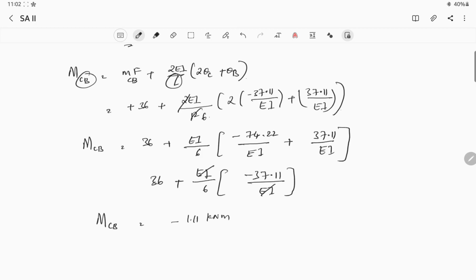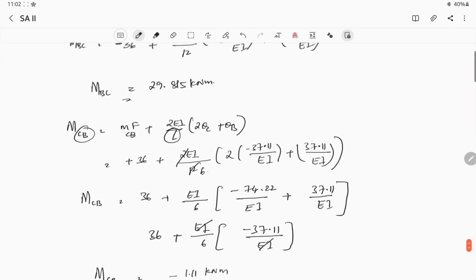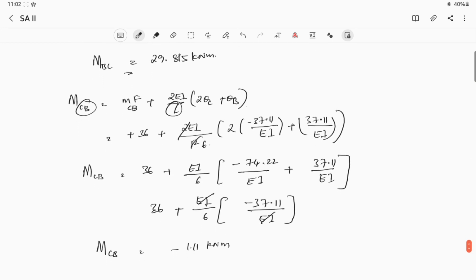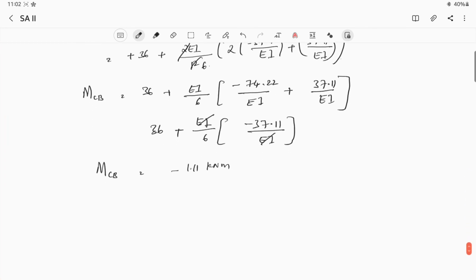Okay. So BC is over, right? BC is over. We have calculated MBC and MCB. Then we have to calculate MCD, right? MCD is equal to MFCD plus 2EI by L into 2 theta C plus theta D. Okay, theta D is equal to 0.